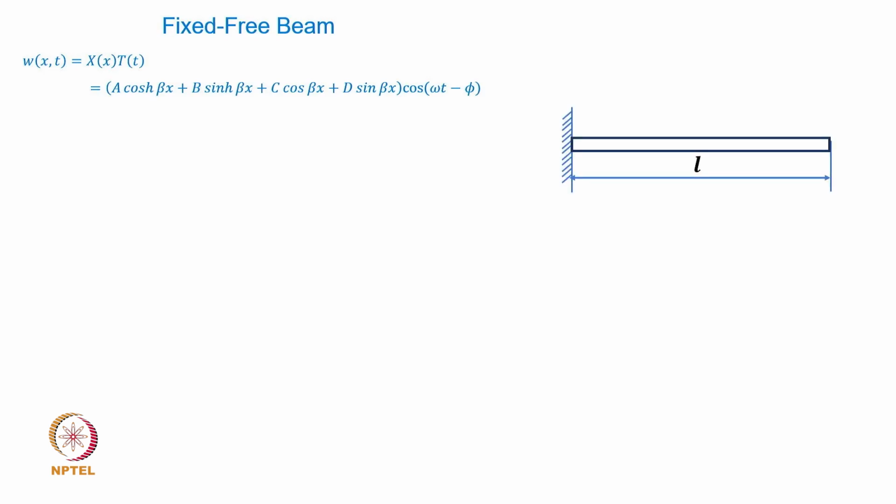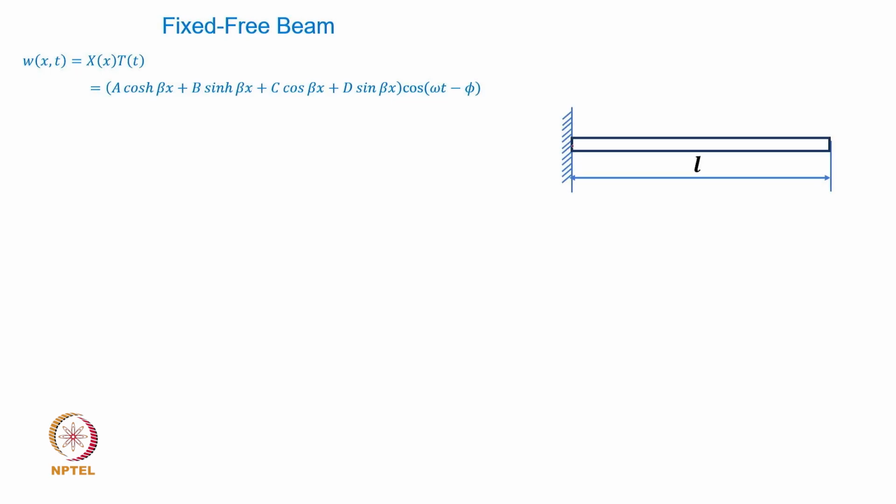In this case, of course, I have used the time function as cos(omega t minus phi), but you can use the other one as well. So a fixed-free beam, which we know is a beam fixed at one end, free at the other end, that cantilevered configuration. What are going to be the boundary conditions?